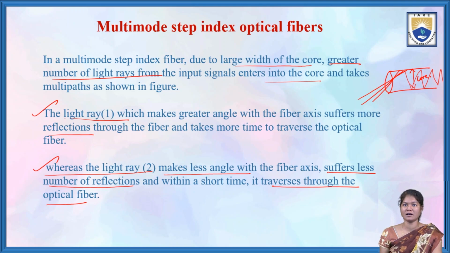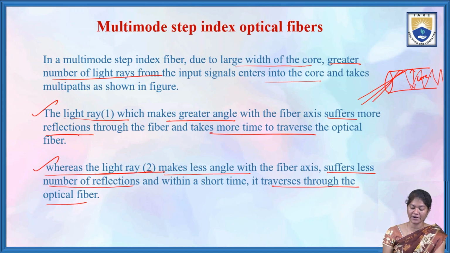Ray 1 makes a greater angle with the fiber axis. It suffers more reflections, and due to that, it takes more time to traverse through the optical fiber. Light ray 2 enters with less angle with the fiber axis, so it suffers fewer reflections, and within a short period of time it traverses through the optical fiber.